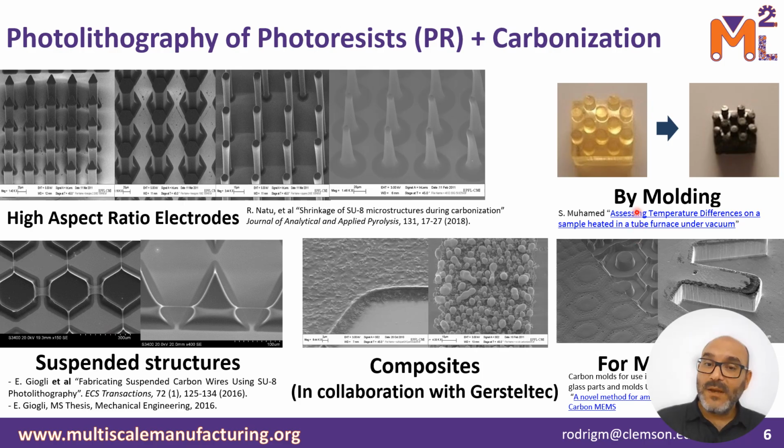And lastly, we have also done molding, where we make these molds using traditional micromachining. We fill the mold, and afterwards we get these Lego-like pieces out of SU8 that we then carbonize, right?